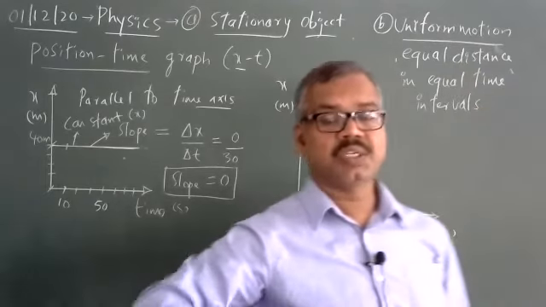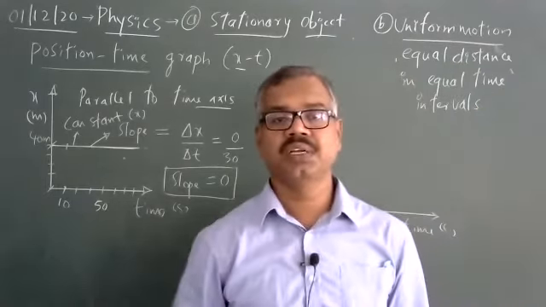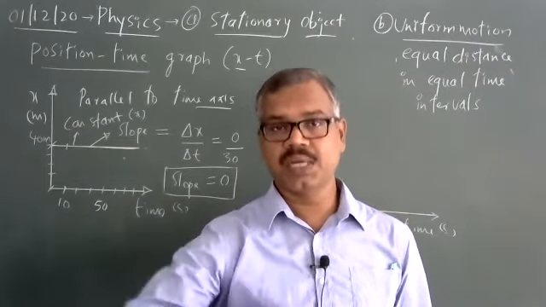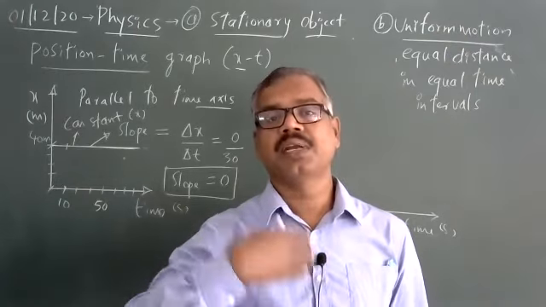Such motion is called uniform motion. Uniform motion is defined as when an object covers equal distances in equal intervals of time.